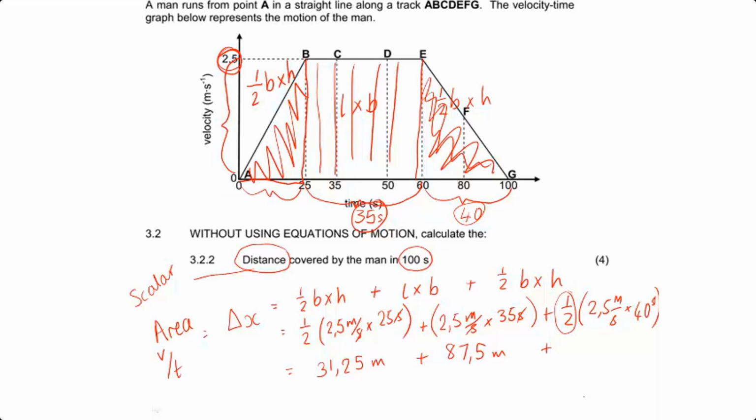Half 2,5, so you could write on your calculator 2,5 times 40 divide by 2, and that gives you 50, and again it's meters. Add these all up and you get 168,75 meters. So that's the distance. Notice distance is a scalar, so we only have to give the magnitude. And in the case of linear motion, straight line motion, distance has the same answer as just the magnitude of displacement.